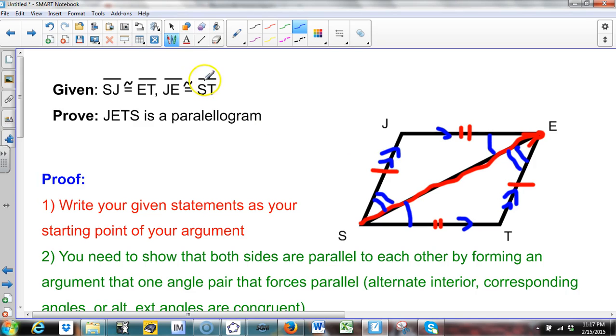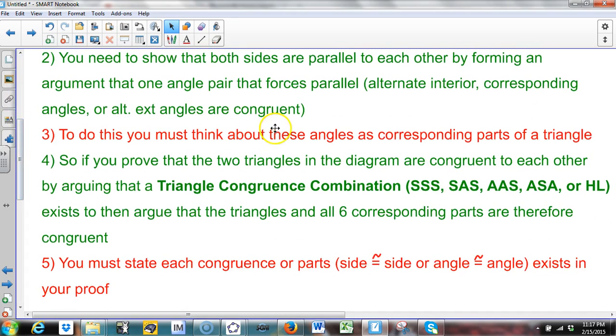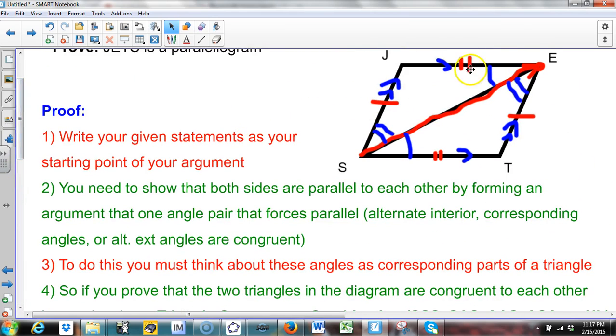Okay, so to do that, you first start with your given information. We're given that these sides are congruent to each other, because that's going to allow us to then think about these angle pairs, these alternate interior, for example, that can argue that these sides are parallel to each other. We have to think that they're just corresponding parts of two triangles here that are congruent, right?